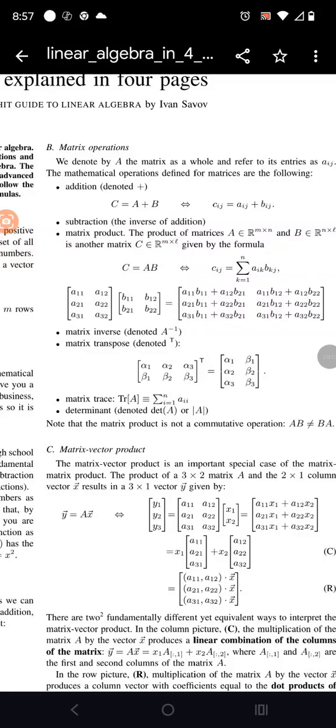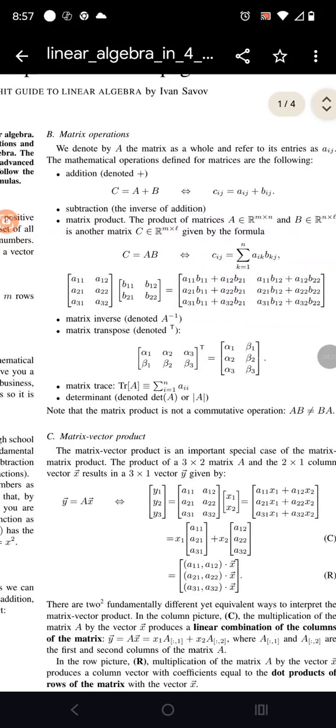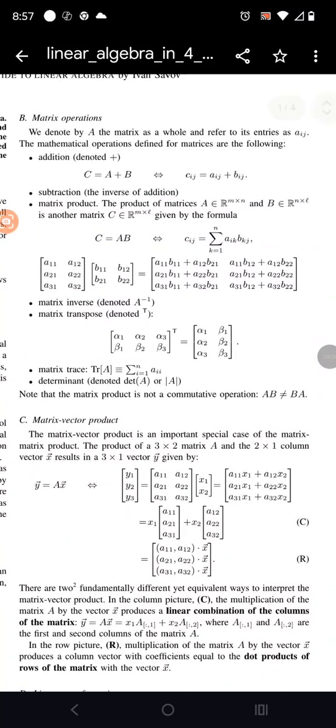The trace of a matrix is the summation from i equals 1 to n of aii, so it is going diagonally. Determinant is denoted by det A or |A|. Note that the matrix product is not a commutative operation, so AB is not equal to BA, of course.